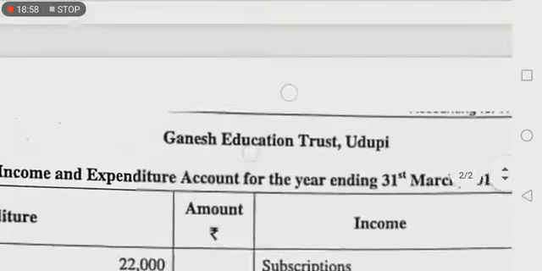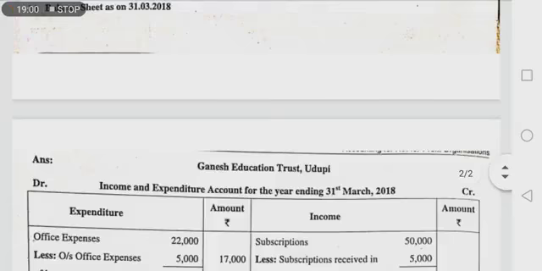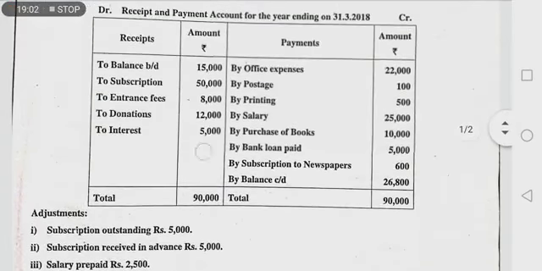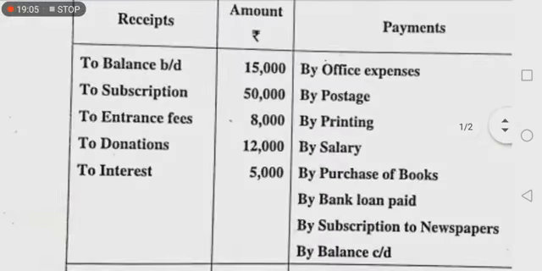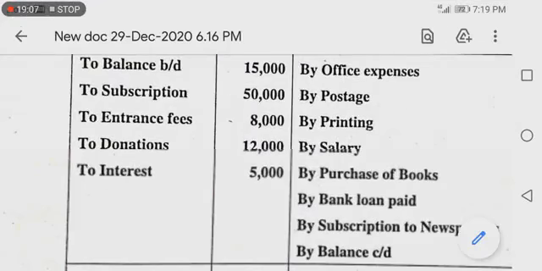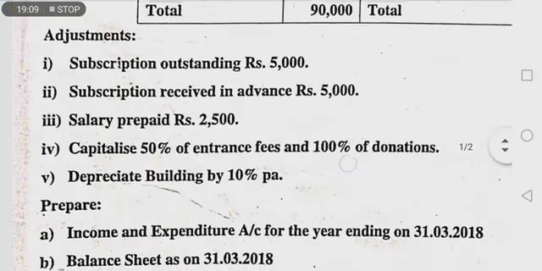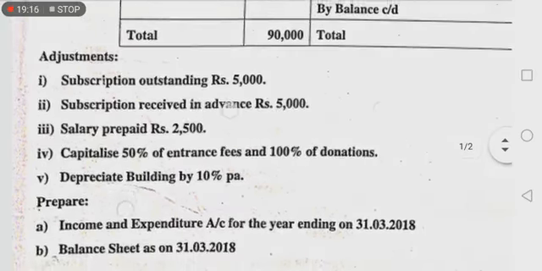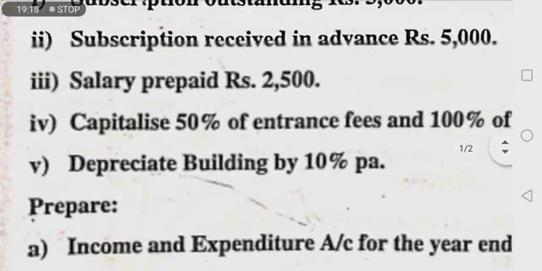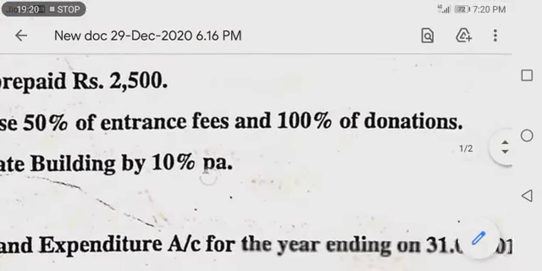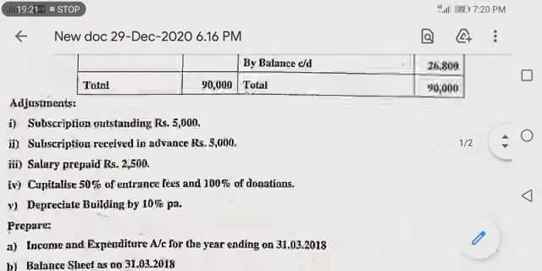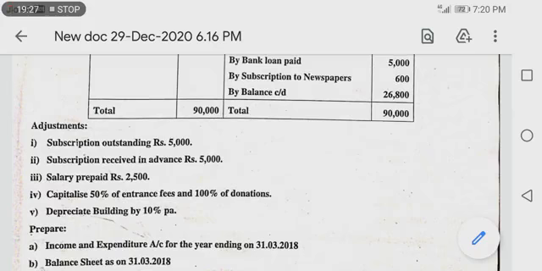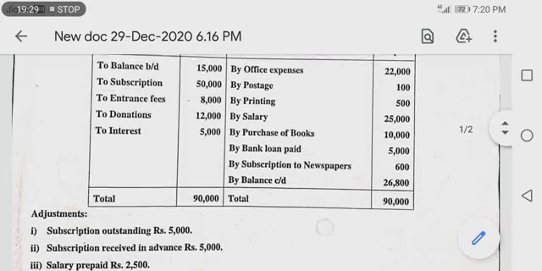Let us move further. The next item given under the receipt side is entrance fees, 8,000. But just have a look at the adjustment. In the fourth adjustment they have mentioned capitalize 50% of entrance fees and 100% of donation, meaning 50% of the entrance fees should be capitalized and the remaining 50% should be considered as revenue.